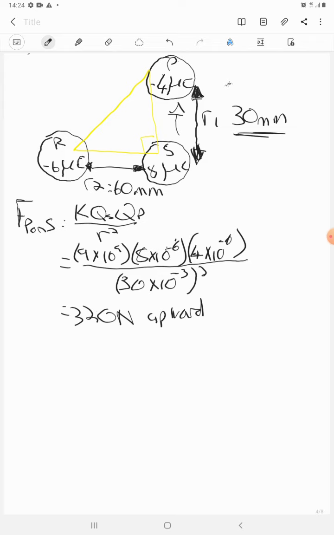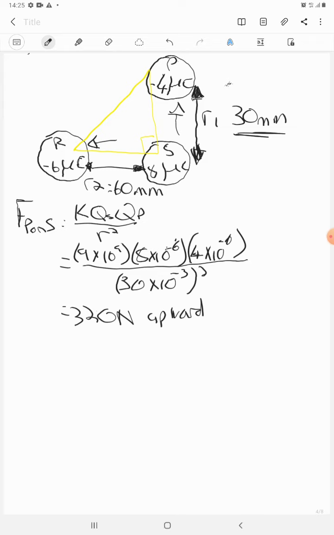Then I do the same thing for my other one, going from my S to my R. These are all forces acting on S because that is the middle point.